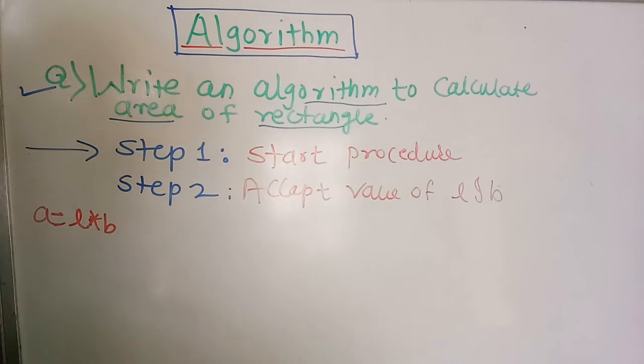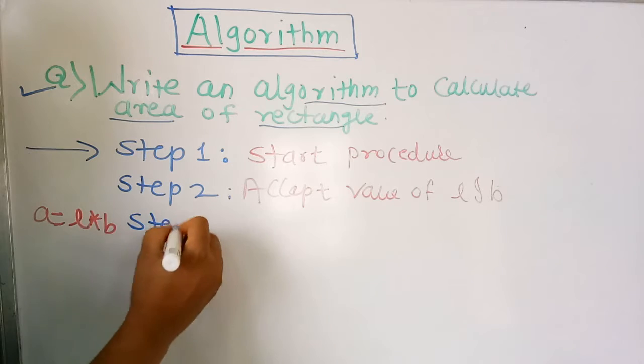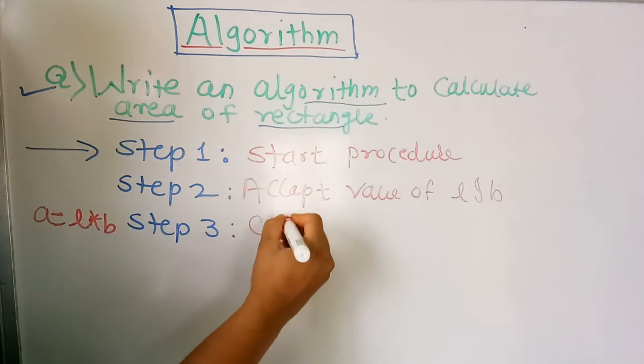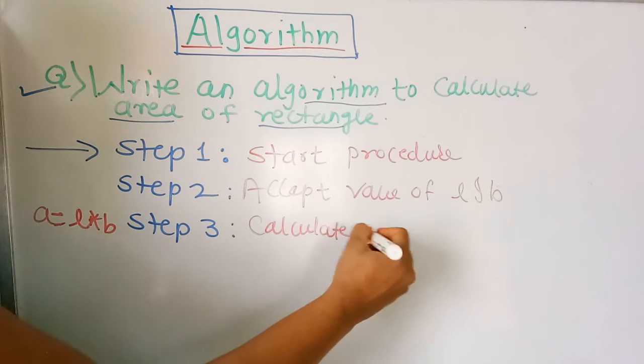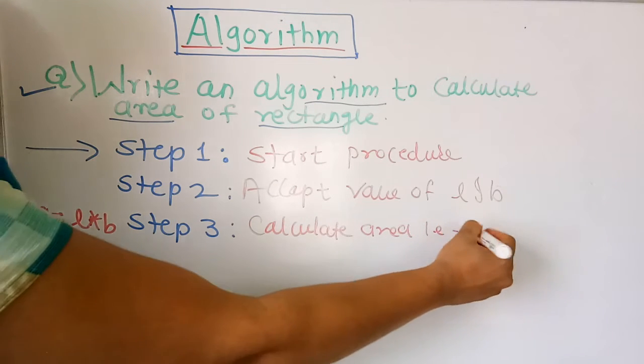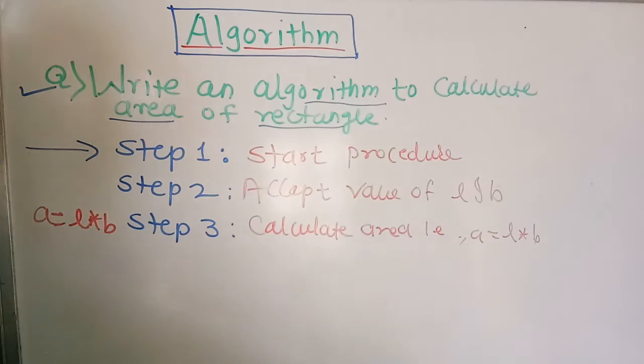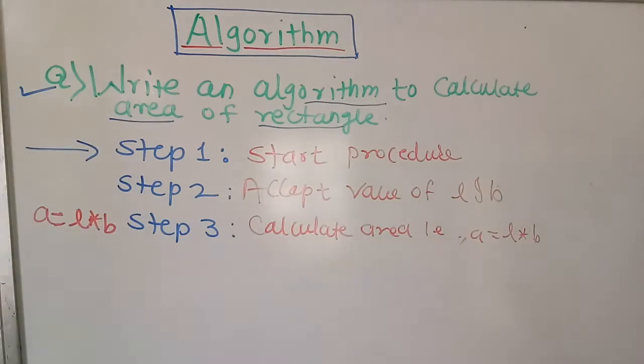Then what is the next step? The next step is nothing but we have to calculate the area. So we will write it like calculate area, so that A equals L into B. Here is our actual logic development.